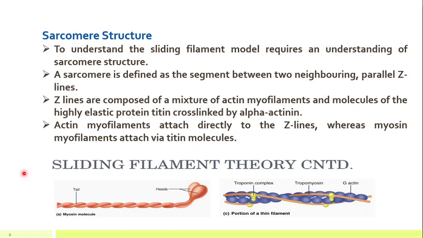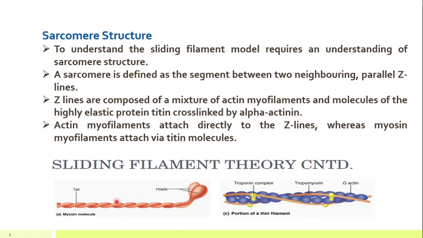A sarcomere is defined as the segment between two neighboring parallel Z lines. The Z lines are composed of a mixture of actin myofilaments and molecules of the highly elastic protein titin cross-linked by alpha-actinin. Actin filaments attach directly to the Z lines, whereas myosin filaments attach via titin molecules.